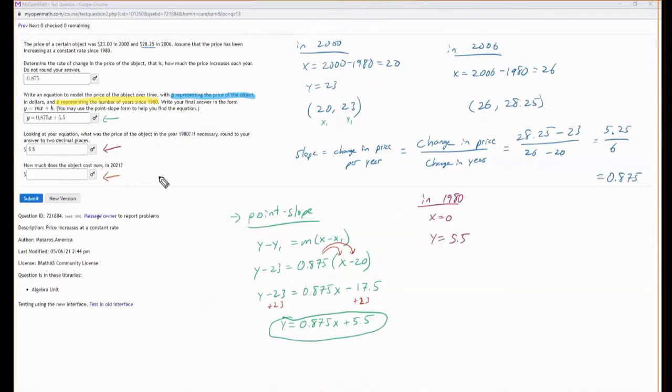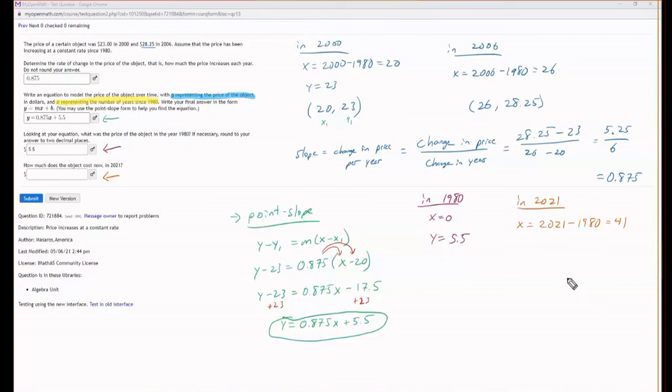All right, last part, how much does the object cost now in 2021? So again, the first thing I'm going to do is find the x value. X is the years since 1980. So to find out how many years it was, I can subtract. Okay, so 2021 is 41 years since 1980.